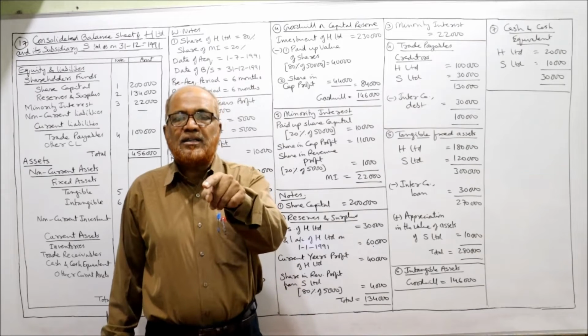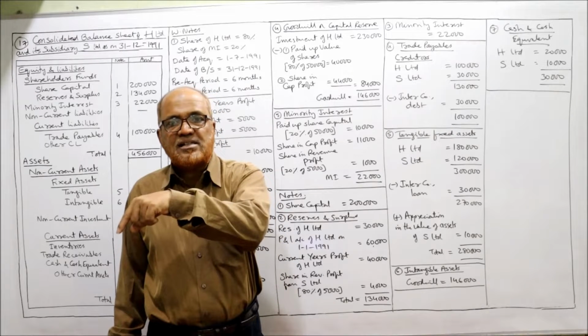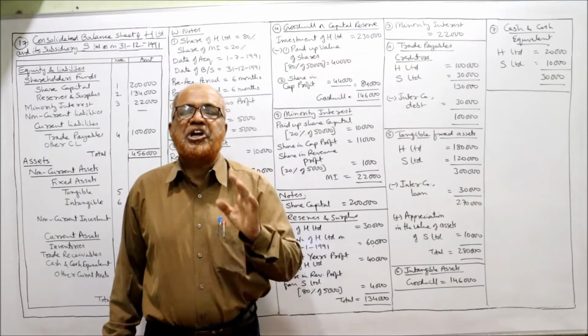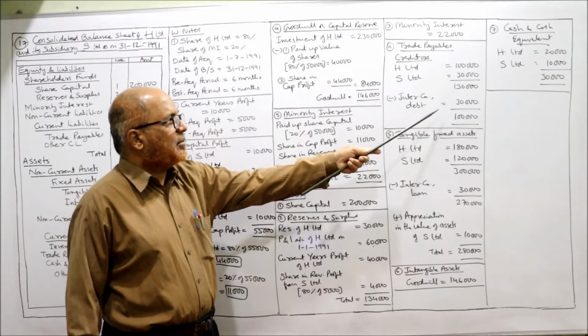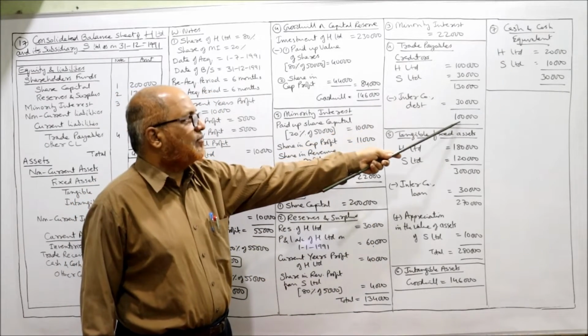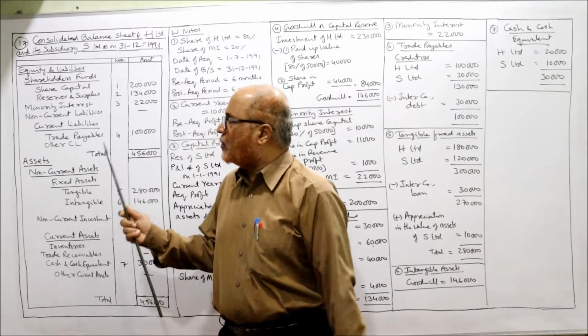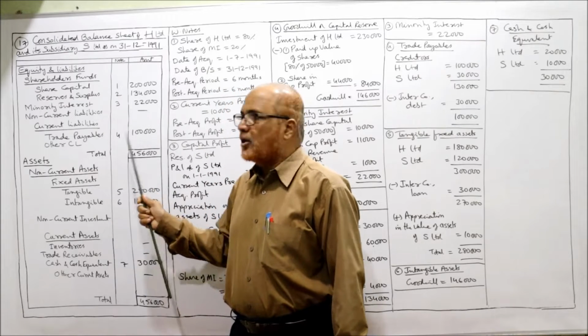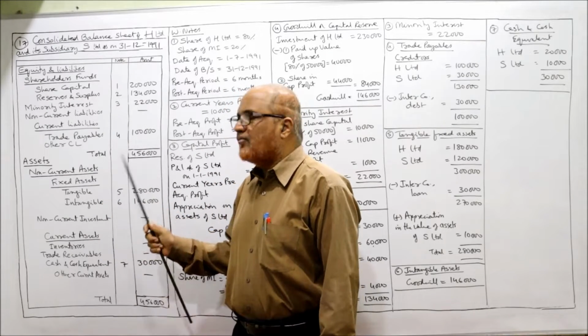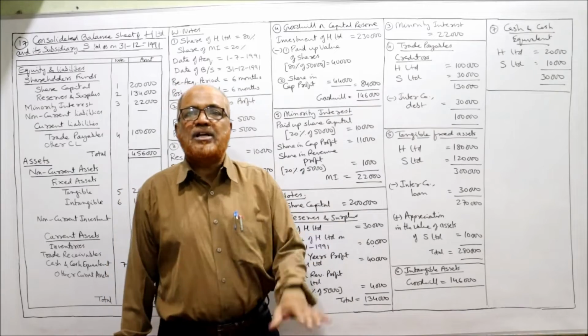So we have to deduct 30,000 from sundry assets and from creditors. So creditors, I am deducting intercompany debt 30,000, 1 lakh. So here we have taken accounts payable, trade payable 1 lakh. No other current liabilities. Total 4,56,000 is the liabilities total.